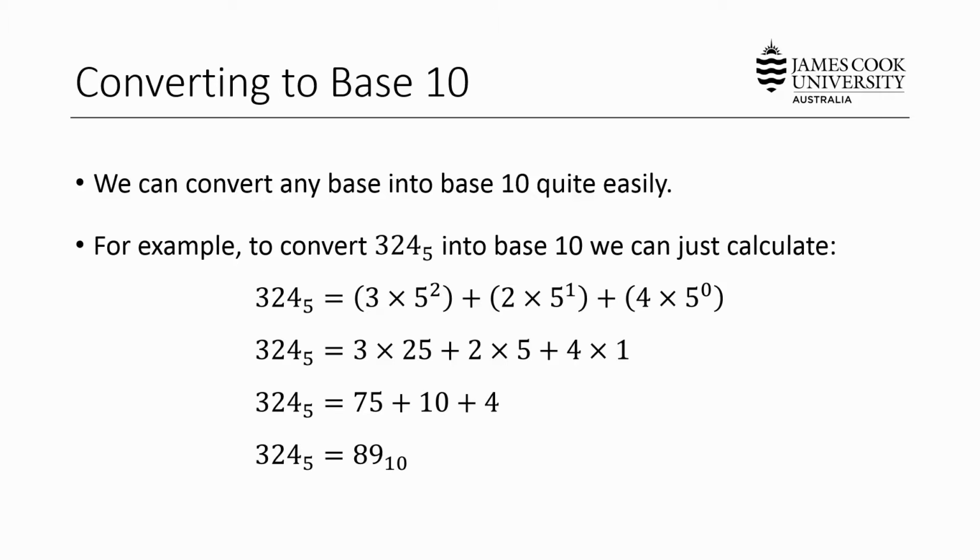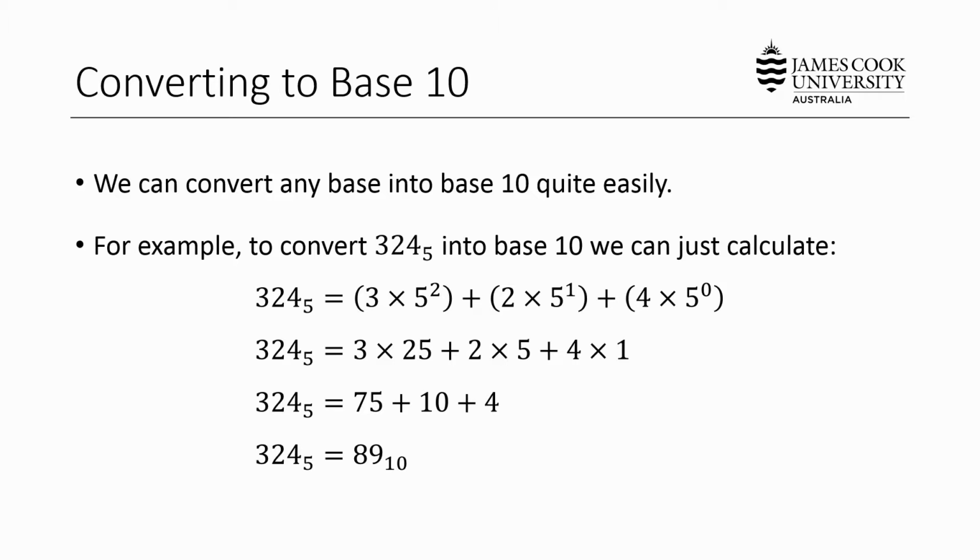So remember, if that 3 is in the third column in a base 5 number system, we have to multiply it by 5 to the power of 2. And then the 2 is actually in the 5s column, so that 2 is multiplied by 5 to the power of 1. And the least significant digit is 4, and that's in the 1s column, which is 5 to the power of 0. So the addition becomes 3 times 25 plus 2 times 5 plus 4 times 1, which equates to 89 in the base 10 number system.